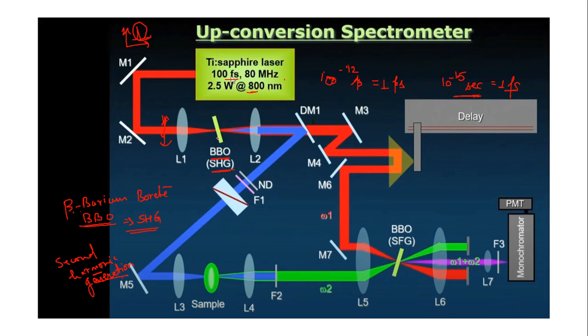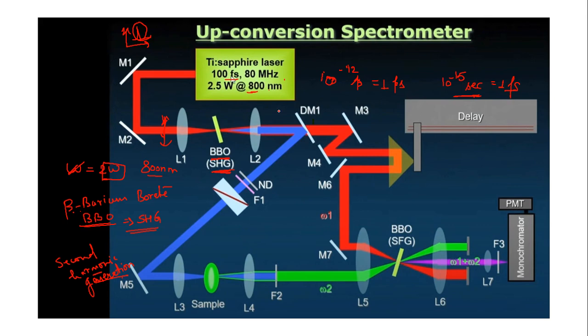Now, what it does is, suppose the wavelength of light is given, since we know here an 800 nanometer light source, when it passes through this SHG material, the frequency gets doubled. So the final frequency of the light beam when it passes through this second harmonic generation material becomes twice.